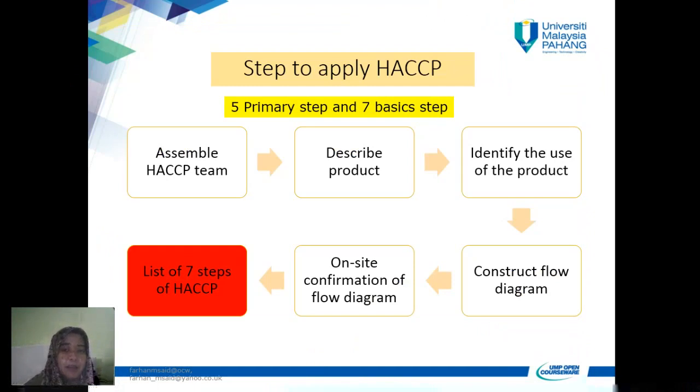Okay, then construct a flow diagram of how the product is produced, and then on-site confirmation of the flow diagram, followed by the 7 principles of the HACCP that have been described earlier.